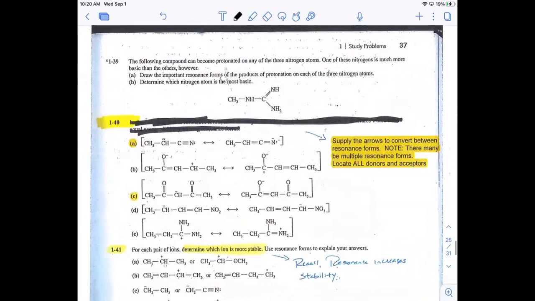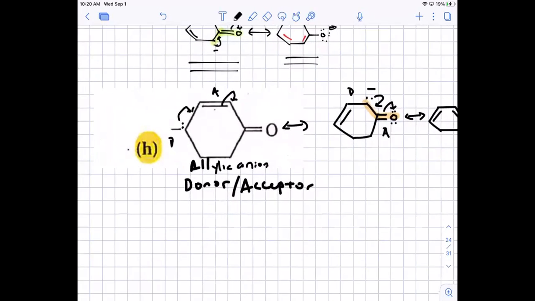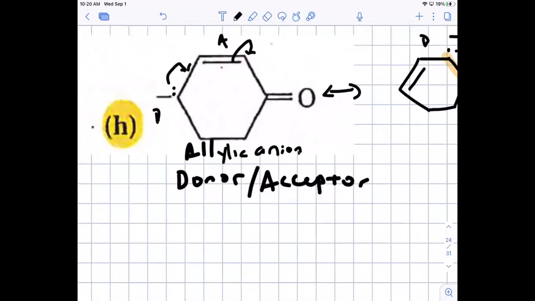Can you go back to what you were saying about figuring out how many resonance structures you have, like counting the donors and acceptors? Yeah, so in the original structure, I've got a pair of electrons that's going to be my donor. And then I have 2 pi bonds that can both act as acceptors. So to approximate how many resonance forms, because that's always a question: when do I stop? How do I know when I'm done?